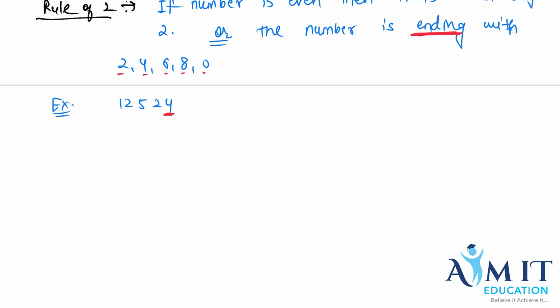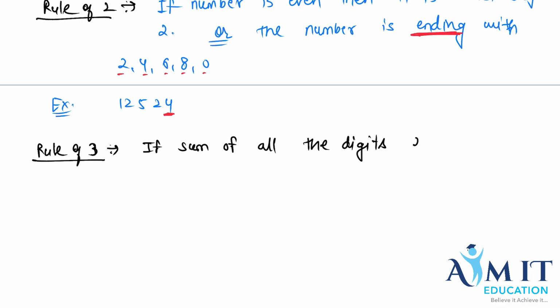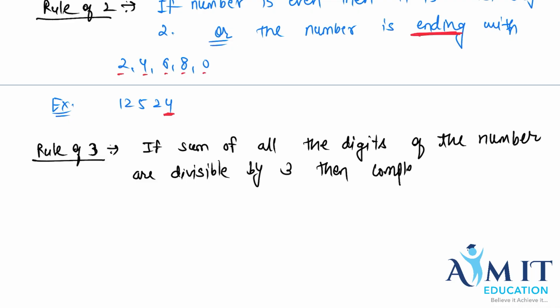Next, rule for 3. In this, we just have to add all the digits. So if the sum of all the digits of the number is divisible by 3, then the complete number is also divisible by 3.